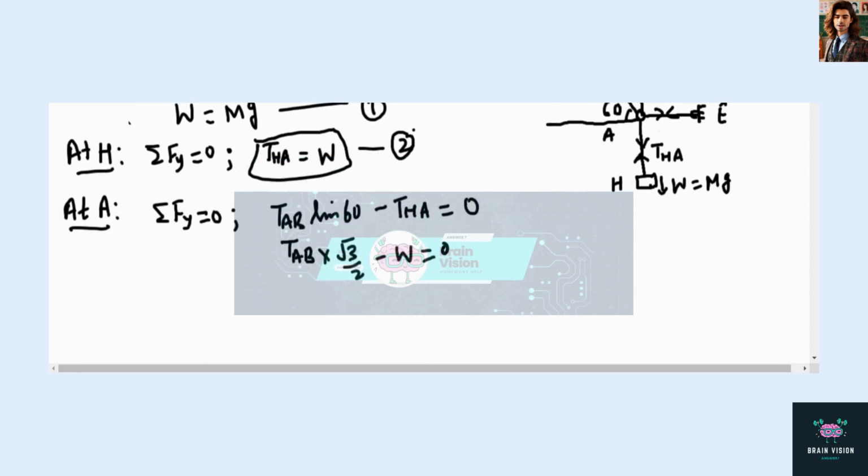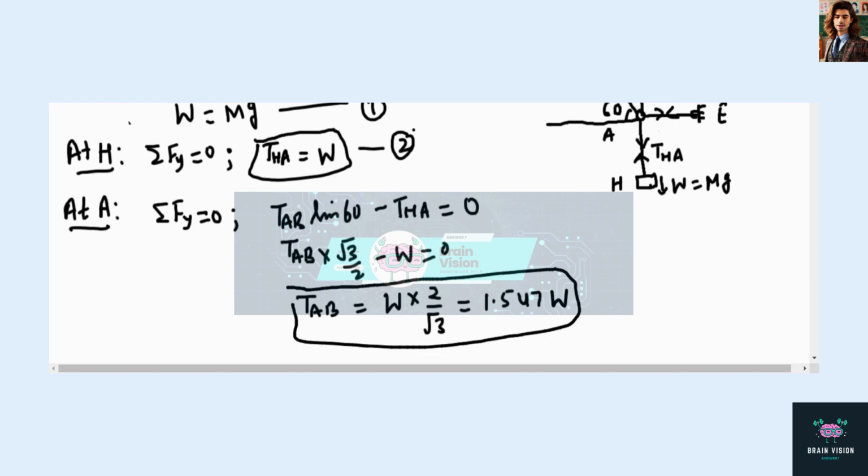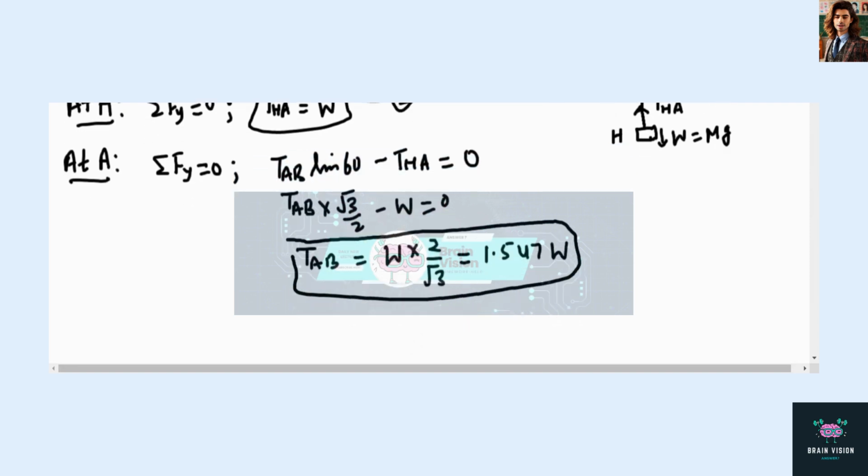So you may write tension in the cord AB must be W into 2 upon root 3. On solving, this value will be 1.1547 into weight of the cylinder. So this is your third equation.